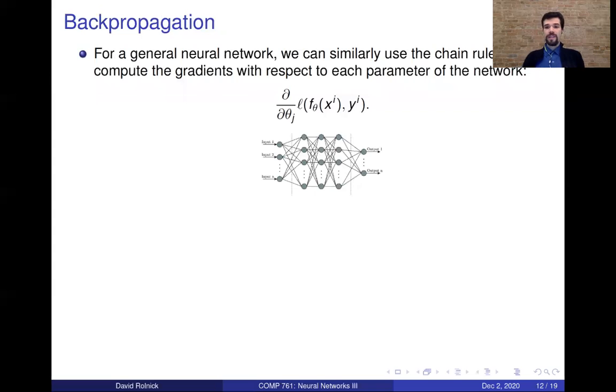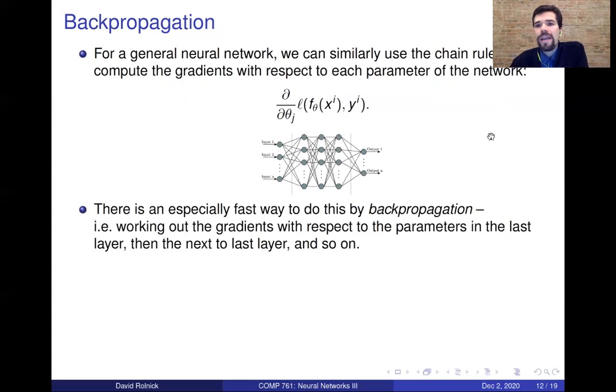So there is this thing called backpropagation. What is backpropagation? Well, it's just using the chain rule to work out the gradients with respect to every parameter of the network. When we worked out the parameters of individual perceptrons, that basically corresponds to working out, if you forgot about the rest of the network over here, if you just looked at one of these, the gradients of the loss with respect to this.